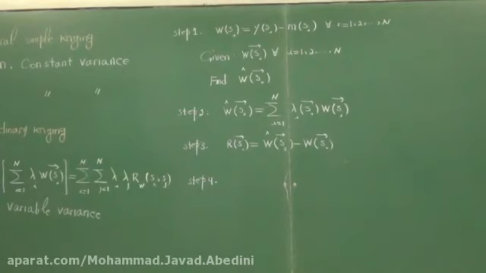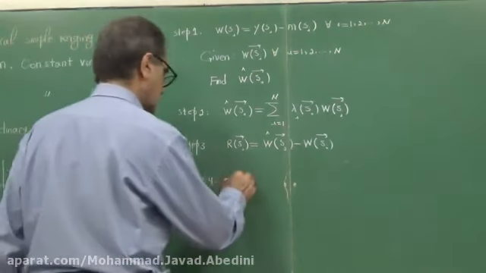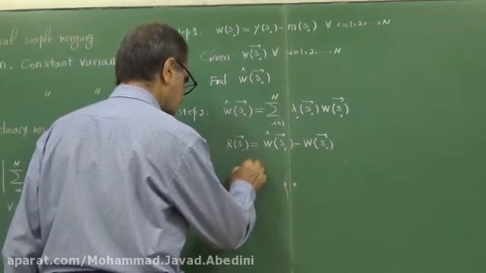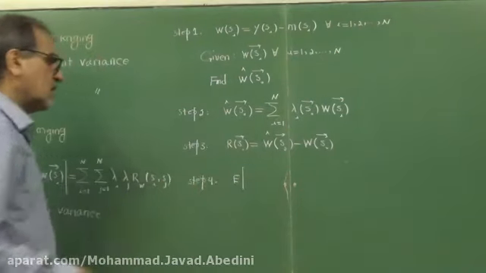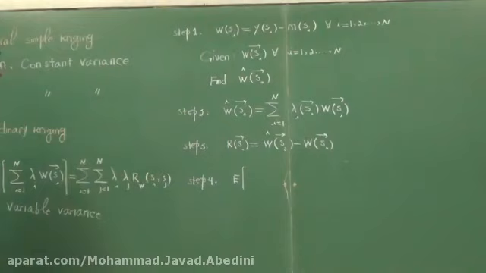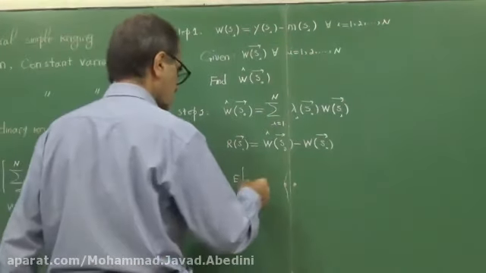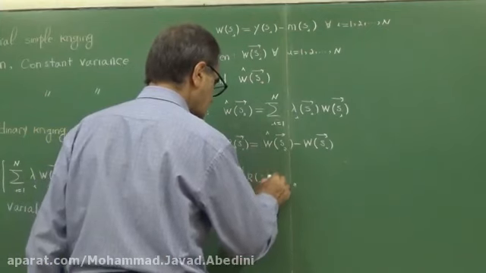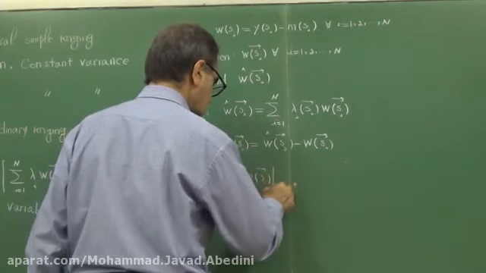In step 4, you have to impose the unbiasedness condition on your residual to see if you are going to get an additional relationship with unknown coefficient lambda. Expected value of residual has to be 0.